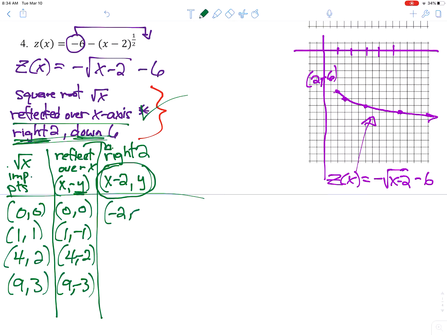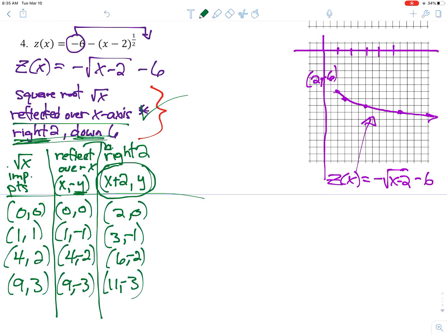So this is now negative 2, 0. Hold on a second. Right 2 means I got to add 2. My bad. That makes sense now. It's going to be 2, 0, 3, negative 1, 6, negative 2, and 11, negative 3.